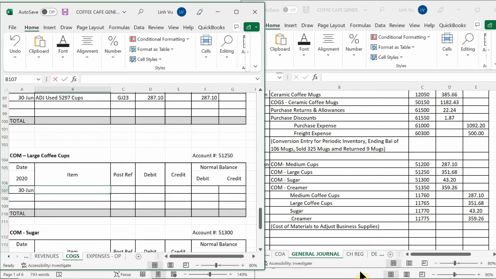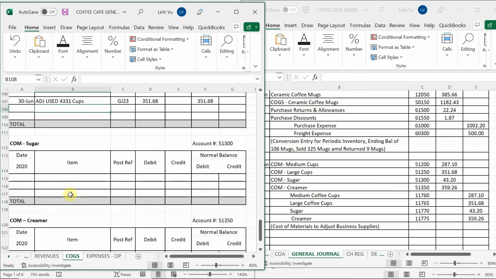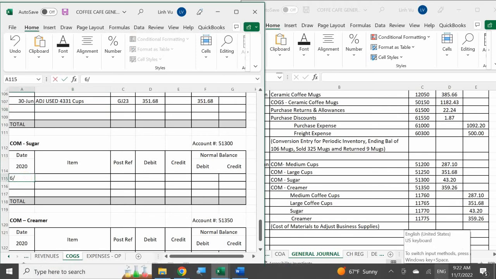For the large cups, you used 4,331, for a total of 351.68. Okay, sugar. How many pounds did you use?